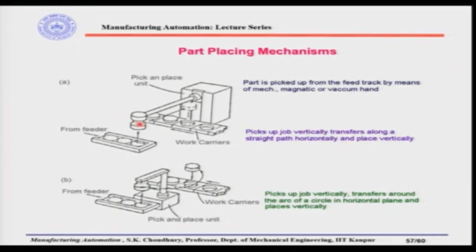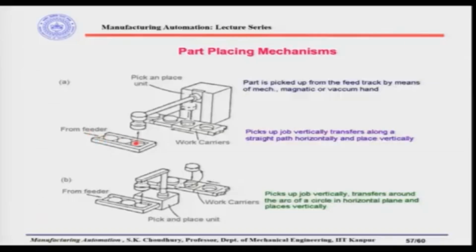It can be a mechanical gripper, or a magnetic one if the parts are of ferromagnetic material, or a vacuum hand. For example, if television screens are to be picked up, or a very precise plate where you cannot afford any gripping, so that there is no scratch or anything, or computer screens for example.